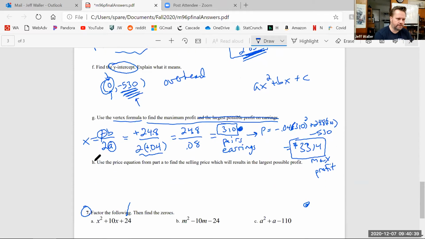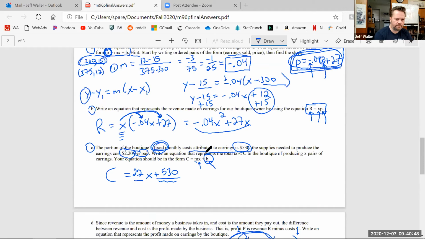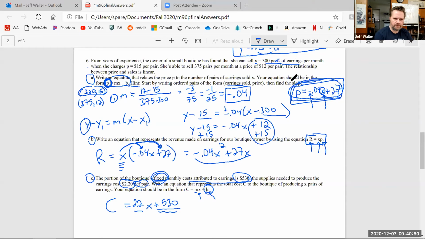All right. And just like the book, I give you a problem here that goes way back to the beginning. There's my price function. We haven't seen this guy since part A. I've got so many things drawn around this poor little dude.